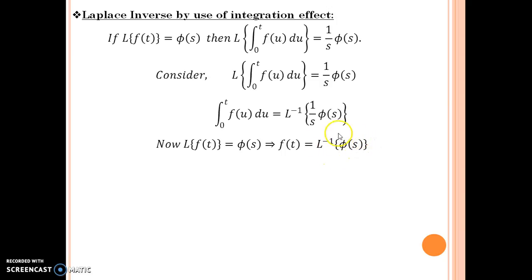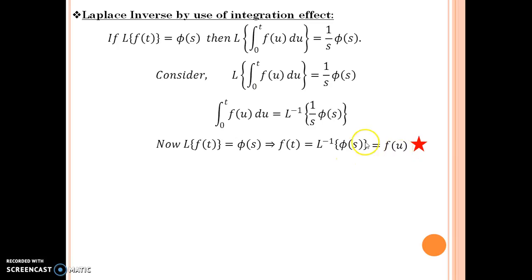If you concentrate on L inverse of phi of s, this same expression can be denoted as f of u. It doesn't matter whether the expression for the answer is in terms of t or in terms of u, as far as the function remains the same. So it's just a mere notation.